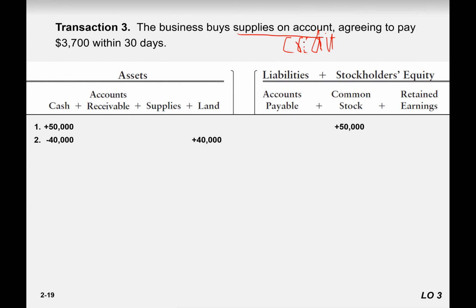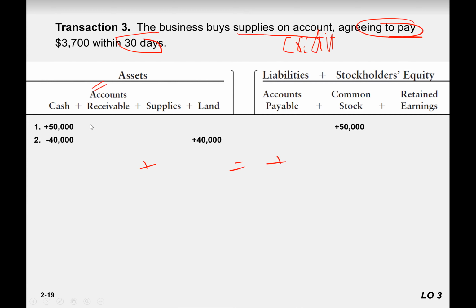Since this is on credit, it means you purchased, not sold, supplies and agreed to pay. So supplies increased. On the other hand, accounts payable increased. And that is your liability, because you will be paying after 30 days, not receiving. If receiving, that would be accounts receivable.